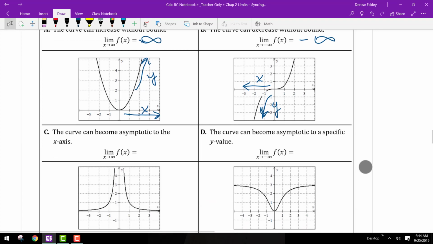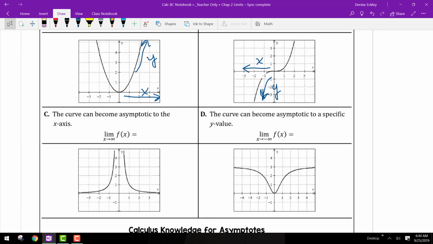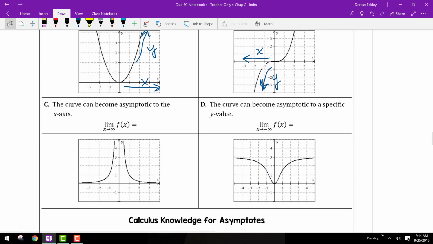Our other 2 possibilities are that we can have asymptotic behavior. The curve can become asymptotic to the x-axis. So as x increases to infinity, what we see is the function is decreasing to a horizontal asymptote. As x increases to infinity, y is headed to 0.